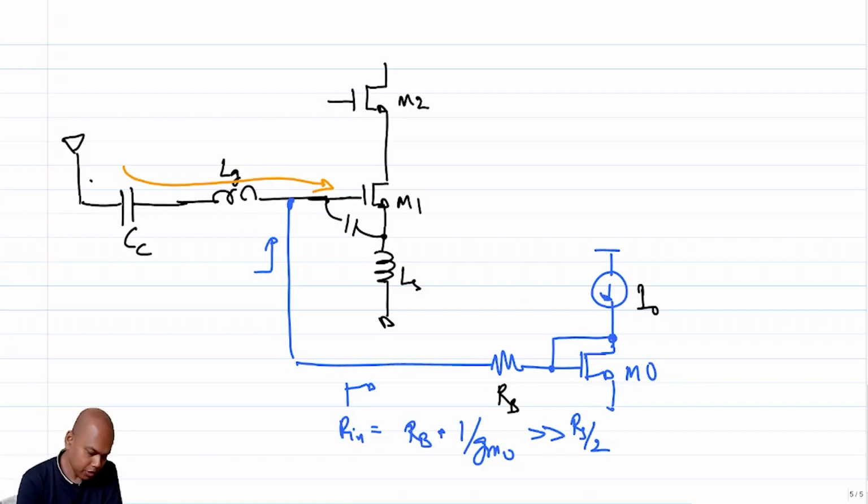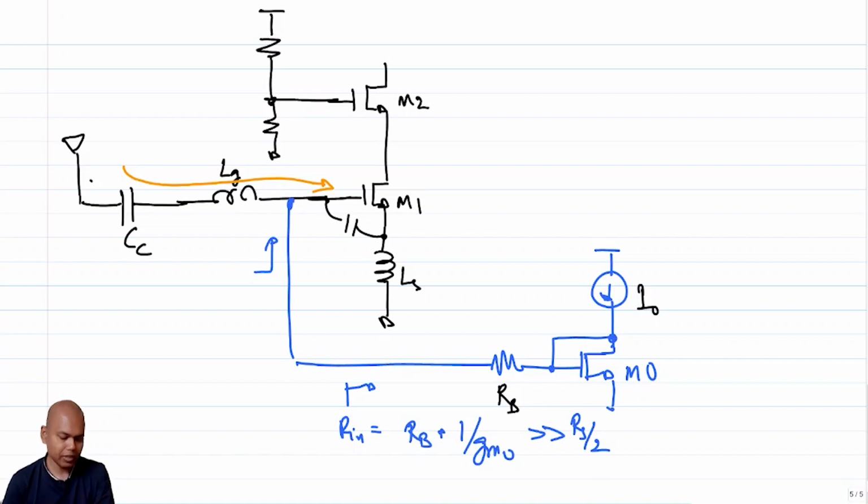Okay. What about the cascode? How do you bias cascode? Just like in one of the earlier lectures, the biasing of cascode is not that critical as long as you have sufficient headroom, right?